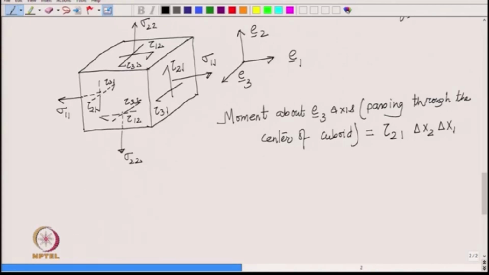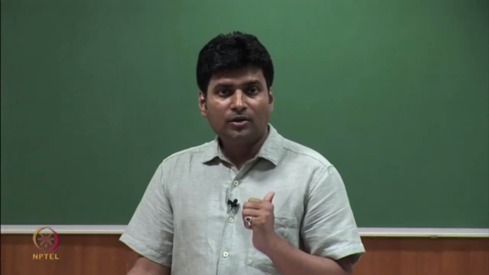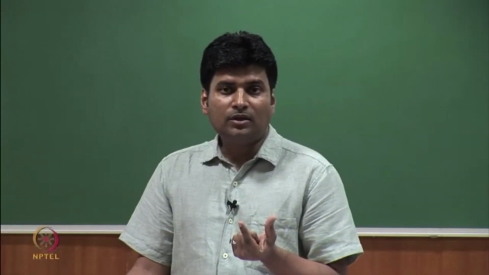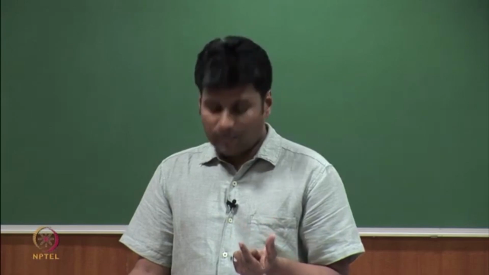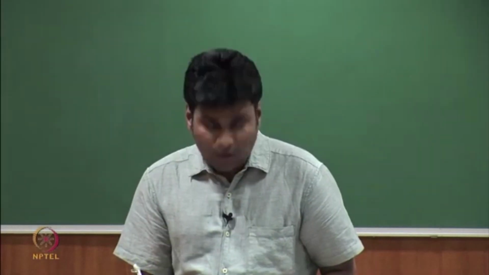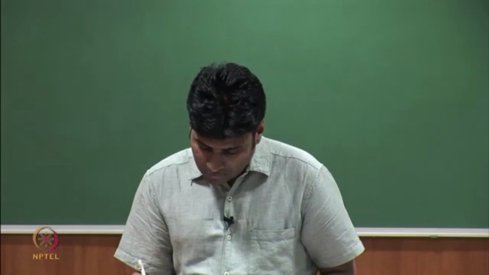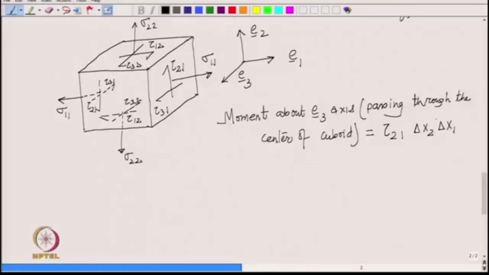That is the total shear force on the E1 plane along the second direction, and I want the moment about the centroid, so the arm is simply delta x 1 by 2.